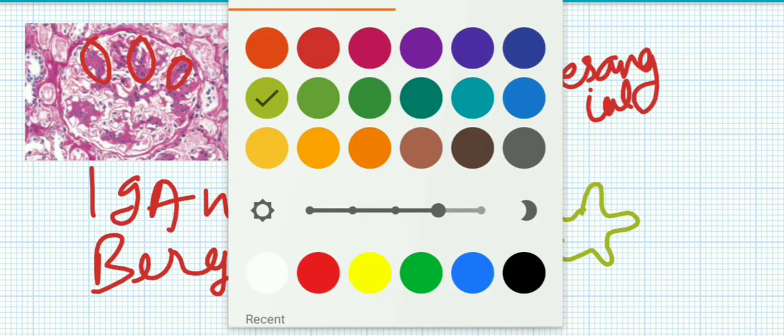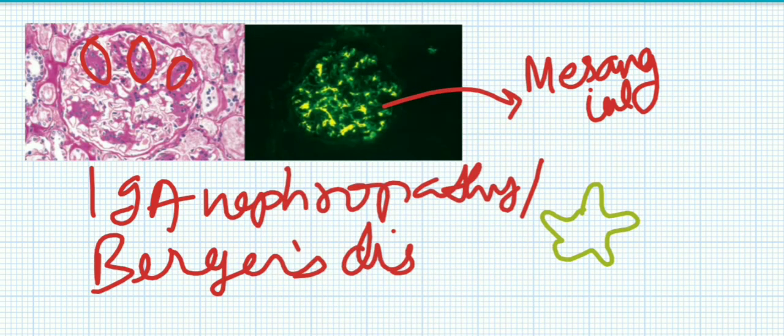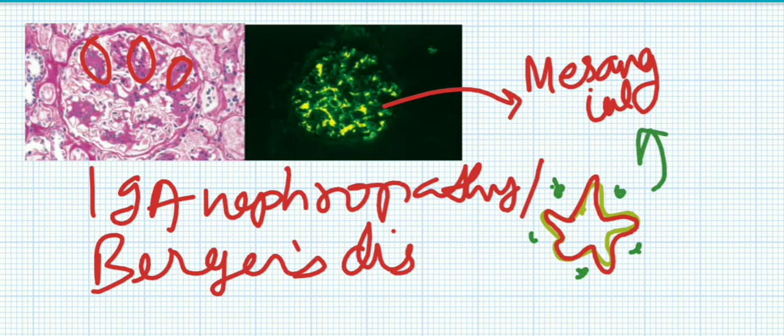Outside of that, in the mesangium, you are getting certain deposits. That is giving rise to this mesangial immunofluorescence.